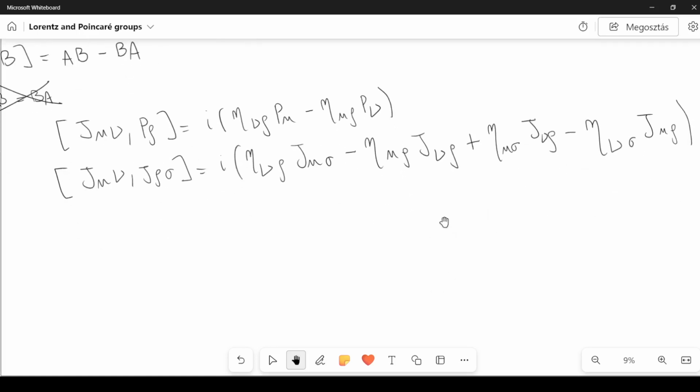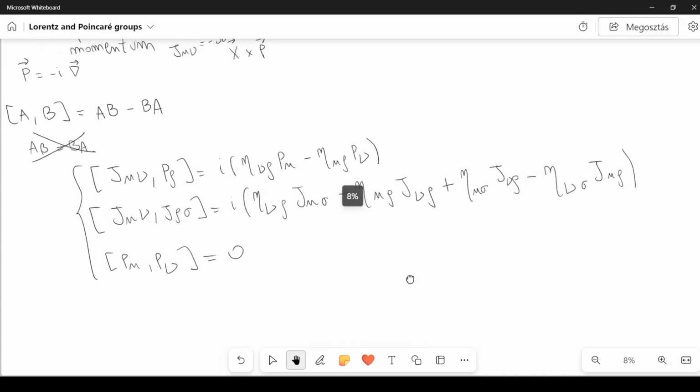And we have another one between P^μ and P^ν, which is simply given by 0. So it means that the operators P^μ and P^ν commute.